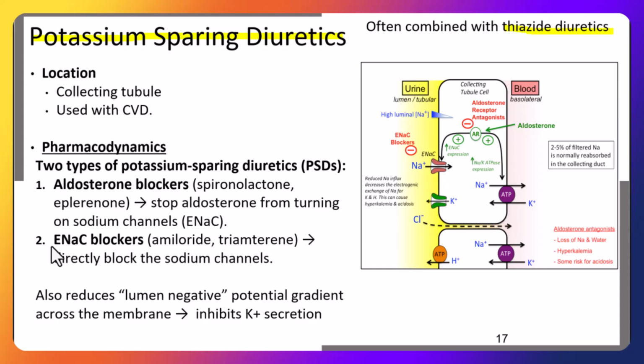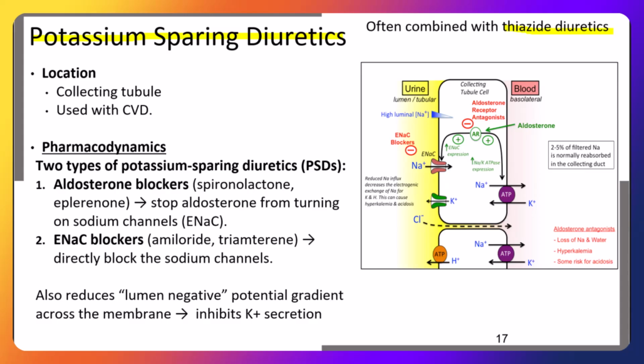The other option would be an epithelial sodium channel blocker, and this is actually going to directly block this channel. So if we block this channel, we're keeping sodium in the tubule fluid, water follows, more urine, less blood volume, reduced blood pressure.